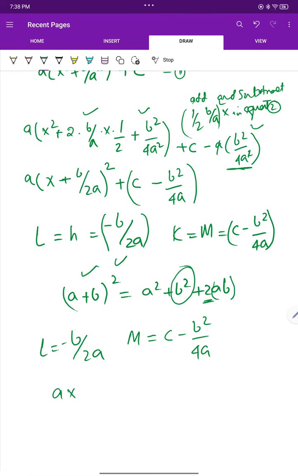If you compare it, ax² + bx + c is actually these terms.